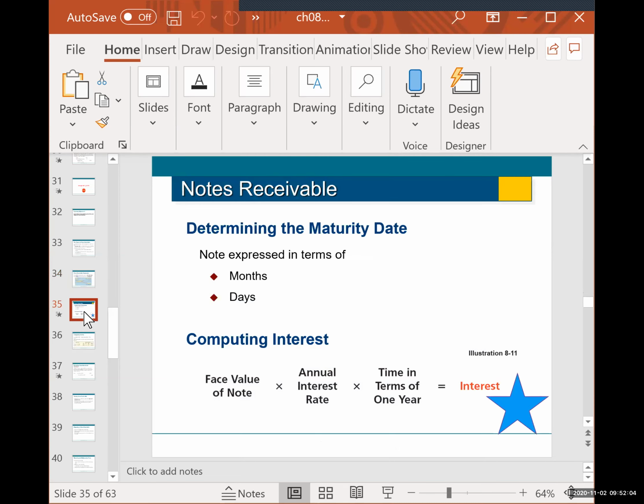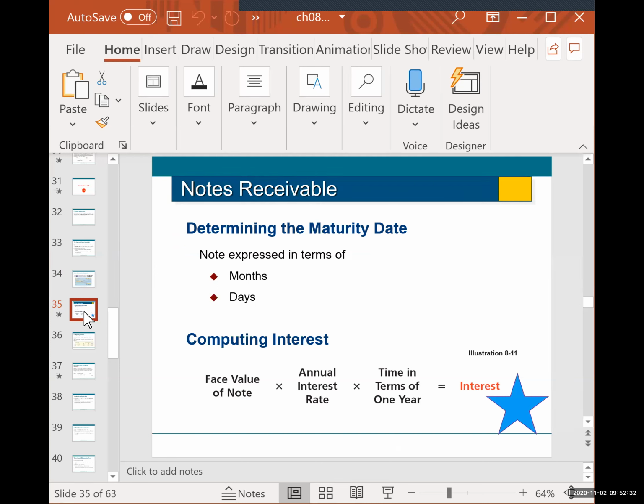Okay, so when we are doing information around notes, they're going to be giving you interest, and interest is either going to be expressed in months, days, or years. Now, I don't have years on that top part there because it's very rare that interest is expressed in years in the problems that you are seeing here.